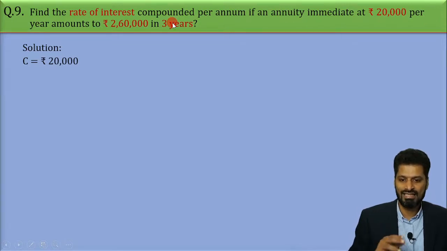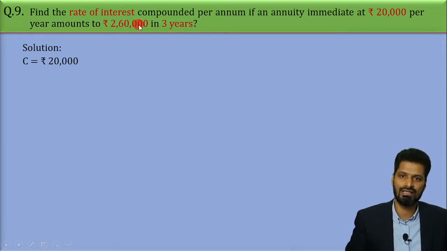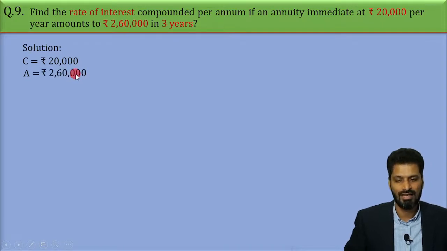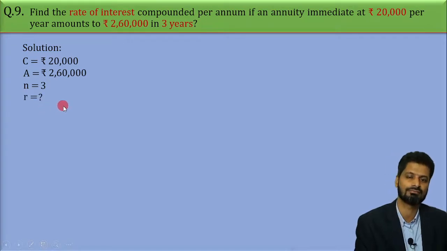And this annuity after 3 years becomes 2,60,000. That means this 2,60,000 is the accumulated or future value in 3 years. So we are also given the accumulated value A as 2,60,000, and N is given as 3 years. And what we need to calculate is the rate of interest, that is, R is to be calculated.